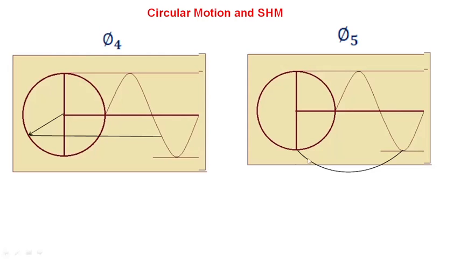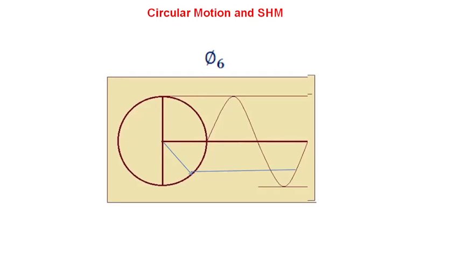Phi 5, so here 90 degrees, like this. So this is how circular motion corresponds to the simple harmonic motion. Phi 6, this is the angle and correspondingly that simple harmonic motion is shown in this diagram.